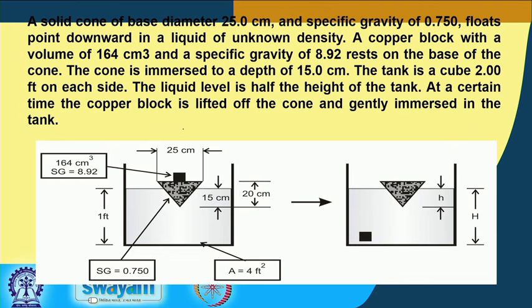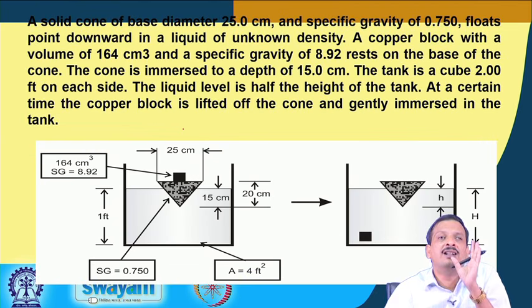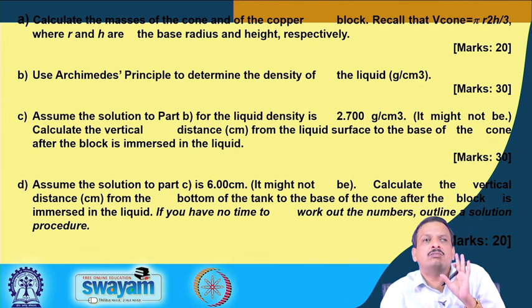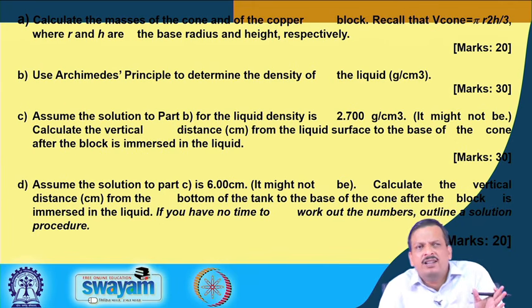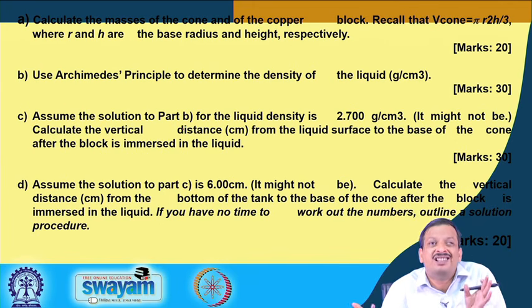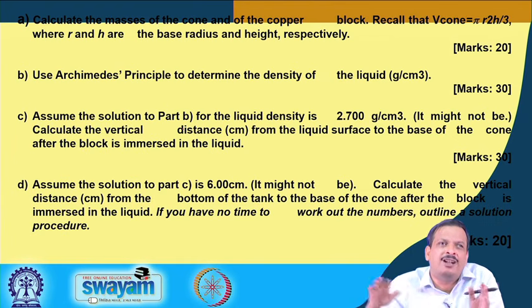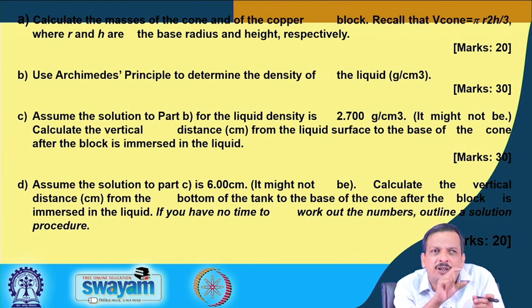So, instead of asking what does the cone do, I will prefer to ask what exactly you want. You may say calculate the density of the cone. So, calculate, determine. Instead of any vague statement, like what happened or what does that do, you ask specific questions.